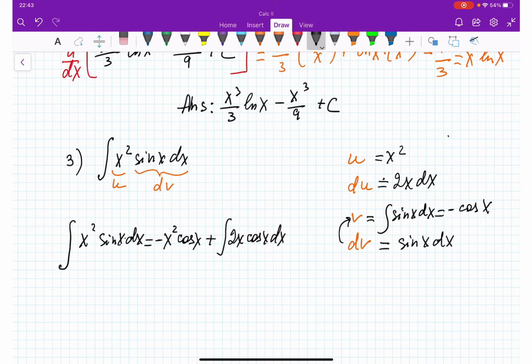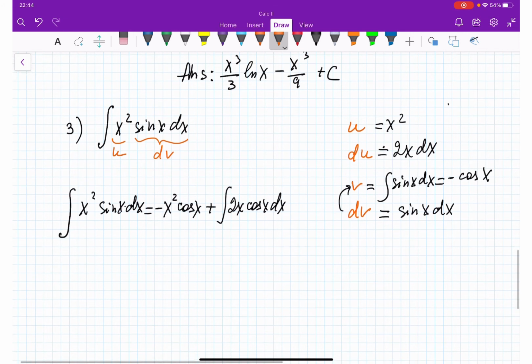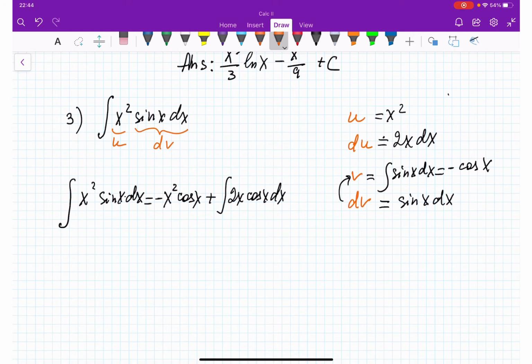So which means I'm going to do one more integration by parts for this one. This integral I'm going to write down, and I'm changing the color so you can see. Integral 2x cosine x dx.